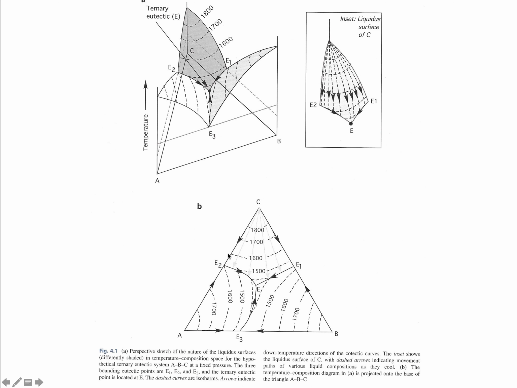Component B will cool down here. You can see it on the curves. And then you are forming again a new eutectic point, where you have the mixture of 3 minerals.